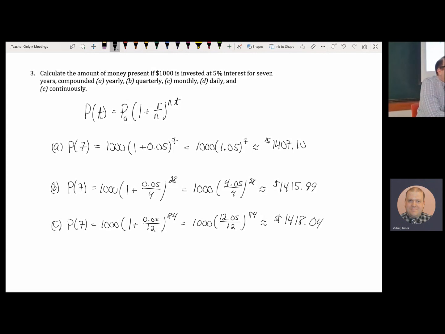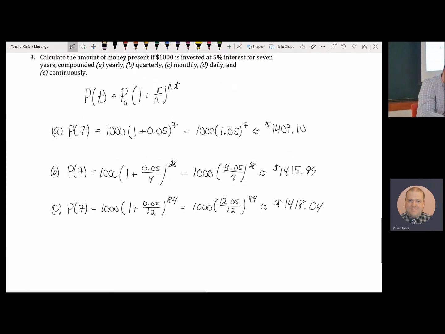You wind up with $1,418.04. Compounding daily.